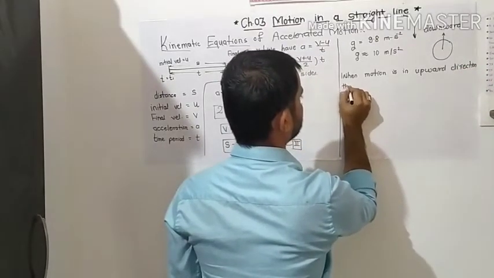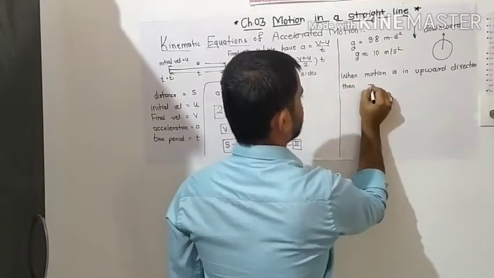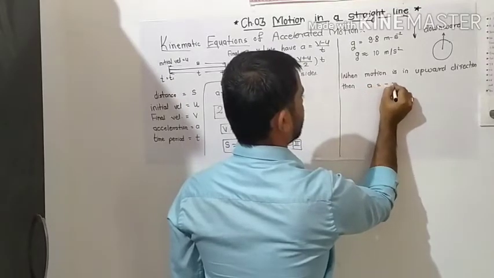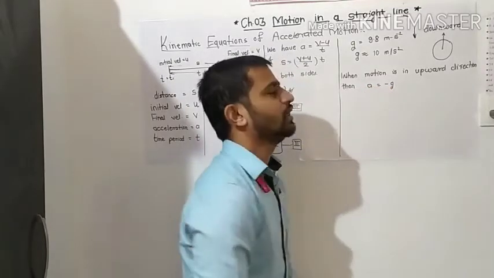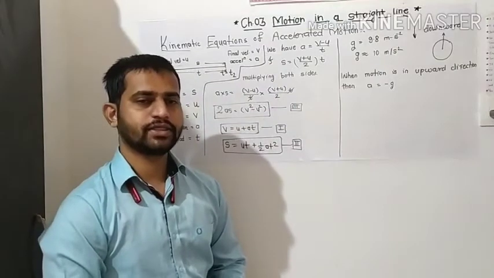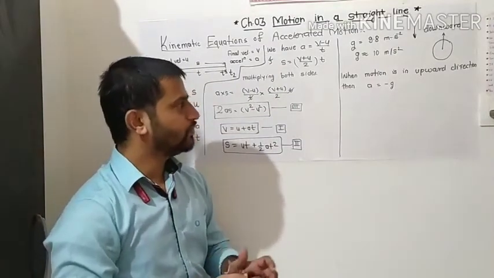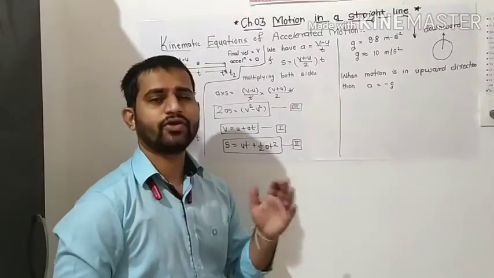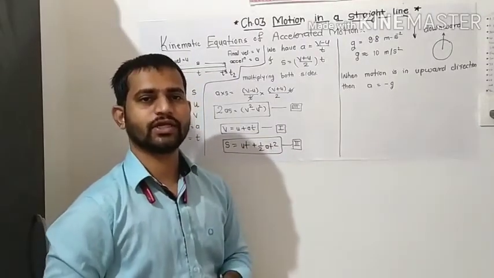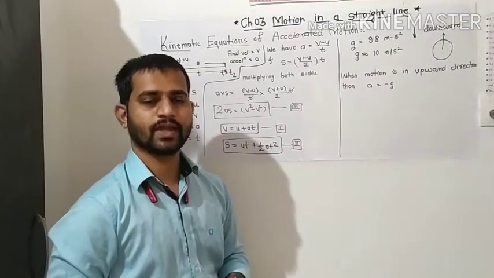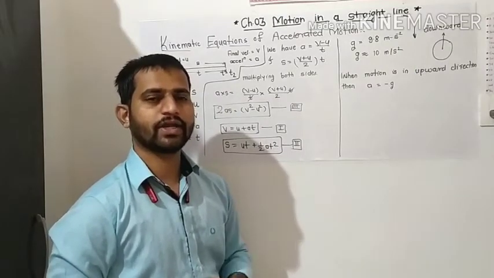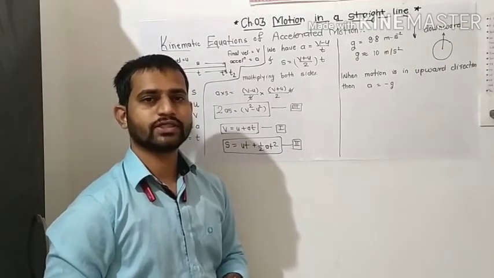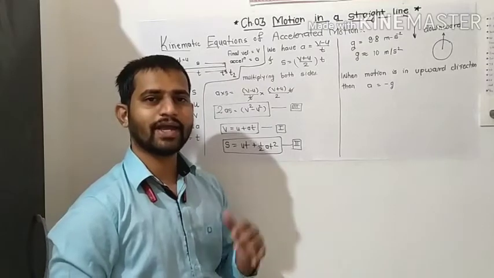Accordingly, our kinematic equations of linear motion also change. We just have to replace a by −g.